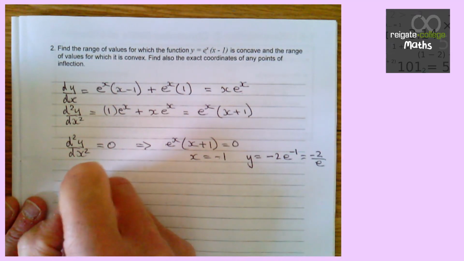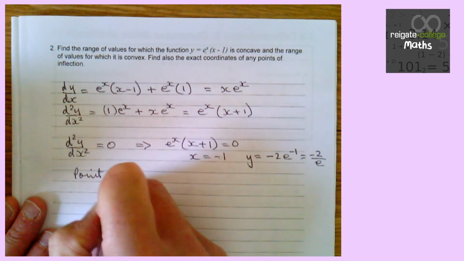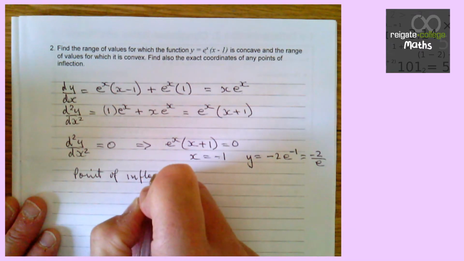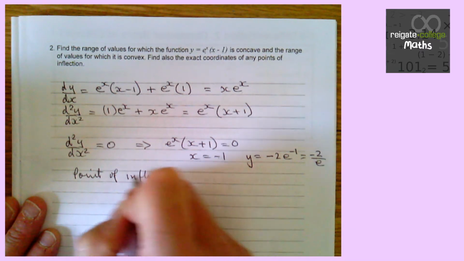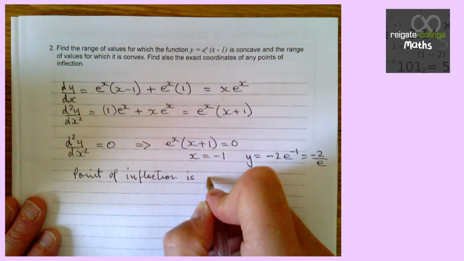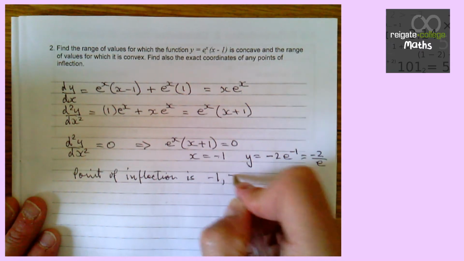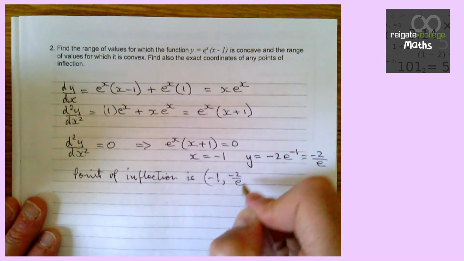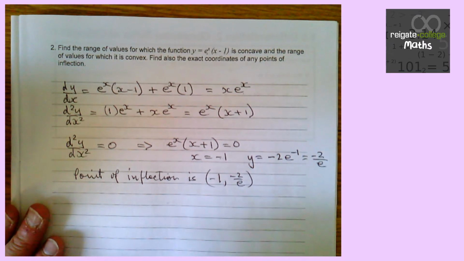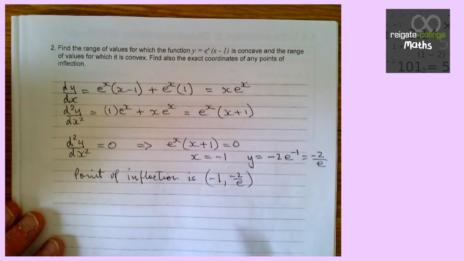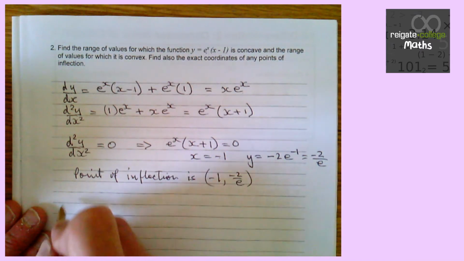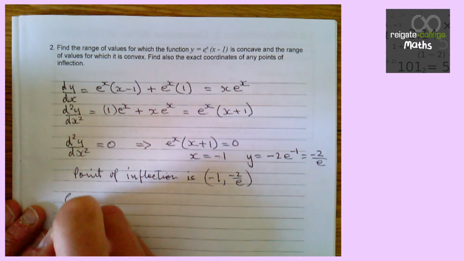So the point of inflection is minus 1, minus 2 over e. Now let's just have a look at concave.